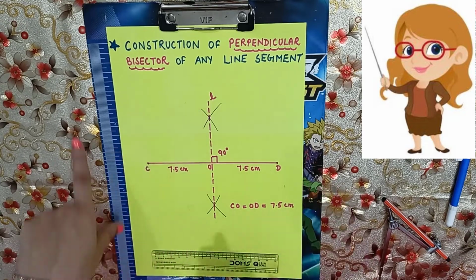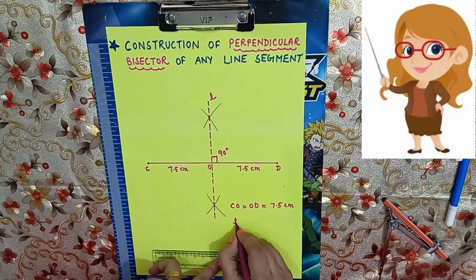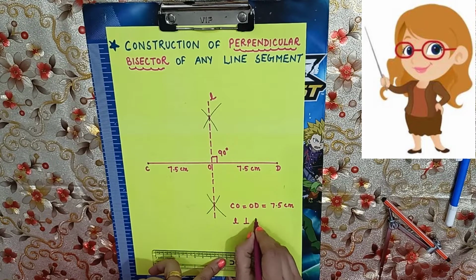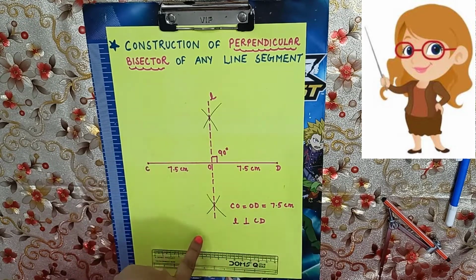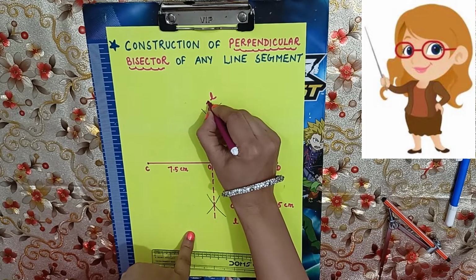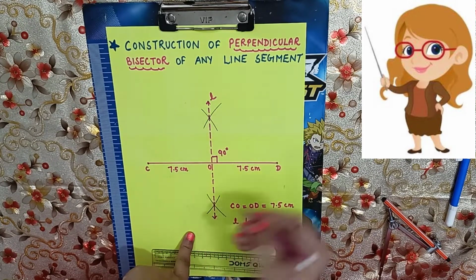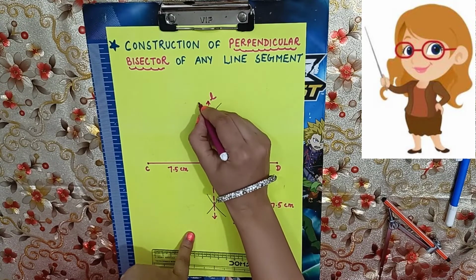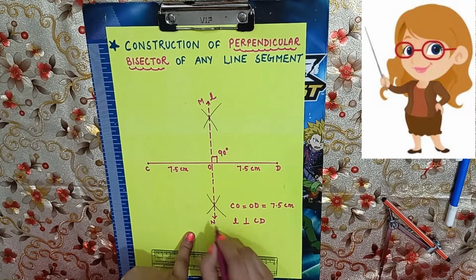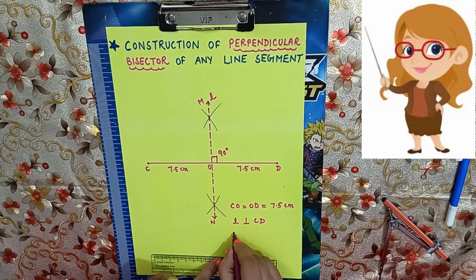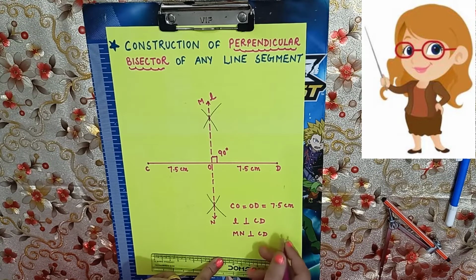Plus L is perpendicular to CD. Okay, or you can give this line another name also if you want. For example, give the name on both the sides, both the points, MN. So you can also write that MN is perpendicular to CD, or the reverse is also correct.